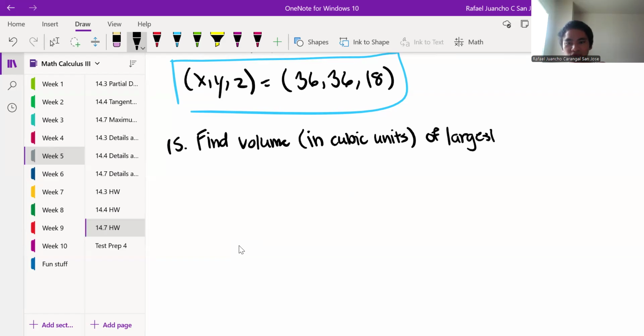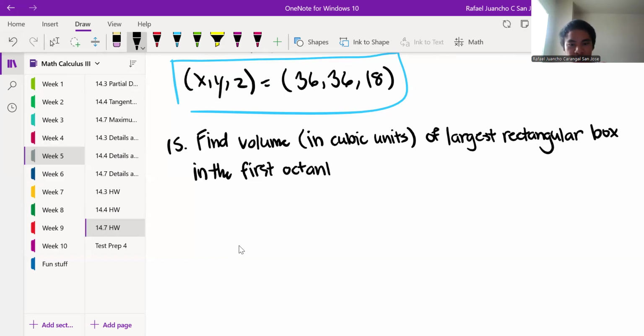So what in the world does that mean? Well, that's an issue. So the first octant of my 3D space.